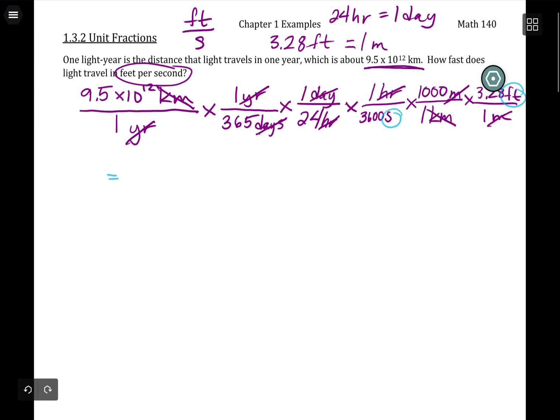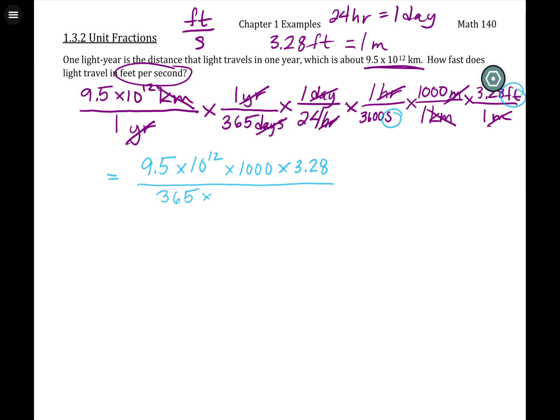So regrouping the calculation I need to do, we're multiplying fractions, so we go straight across: times 1,000 times 3.28, and then on the bottom I have 365 times, I hate that I'm writing times this way, scientific notation made me do it, 24 times 3,600, and this is going to be feet per second.